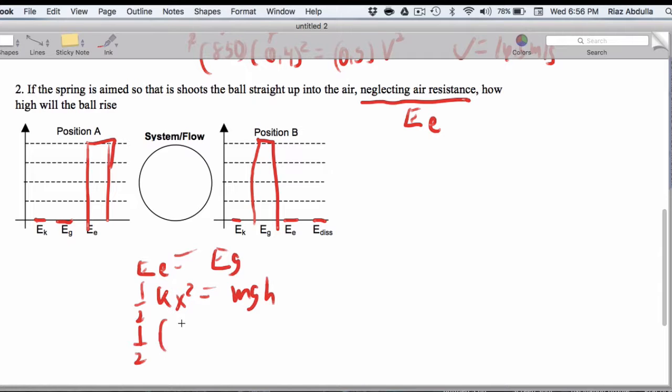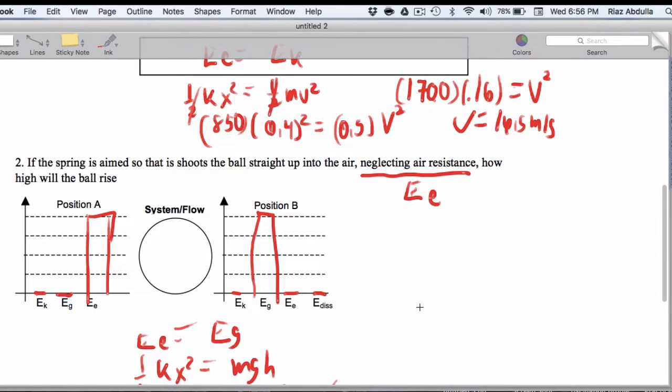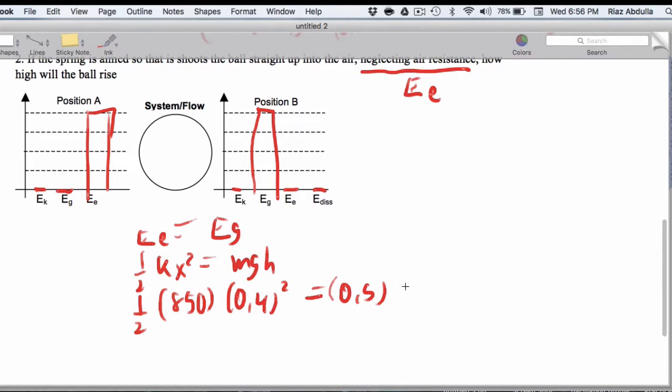So we have 1/2 times 850 times 0.4 squared equals 0.5 times 10 times the height that we get to. So this ends up being 1/2 times 850 times 0.16 equals 5h.